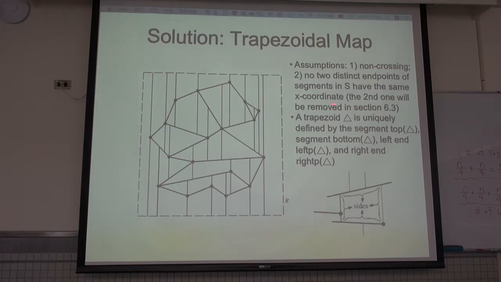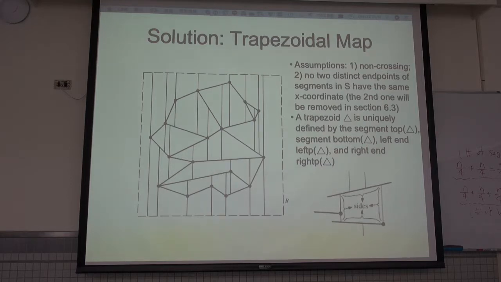We have this assumption just to simplify our discussion, because later on I'm going to talk about how we can relax this assumption such that our solution is able to handle this type of case. So don't worry about it. It's kind of like what we had in the previous chapter.